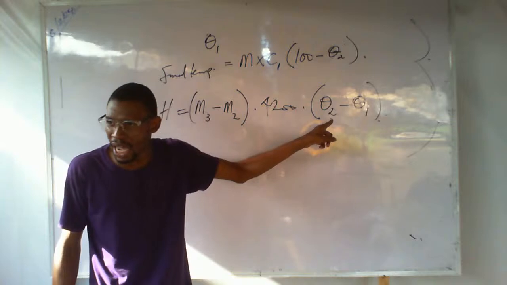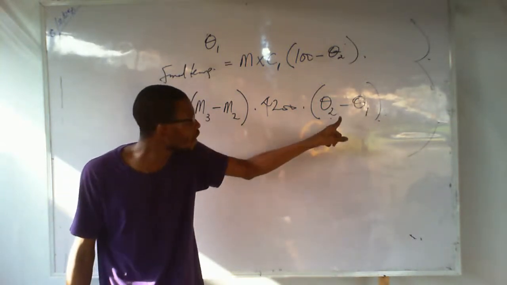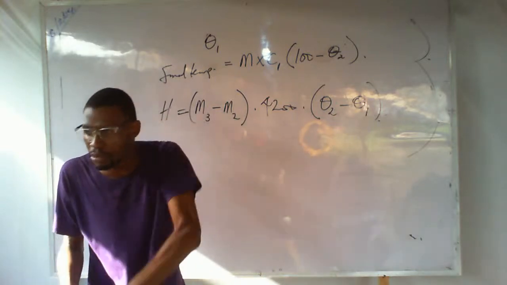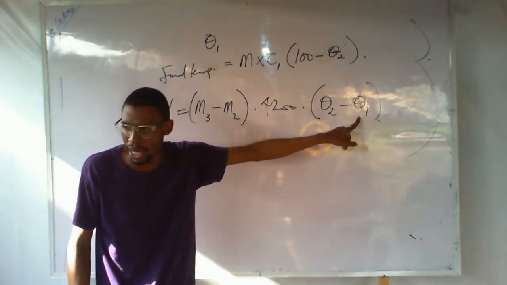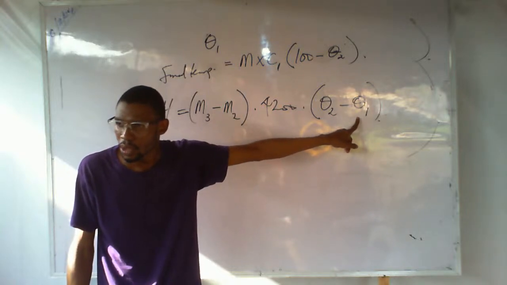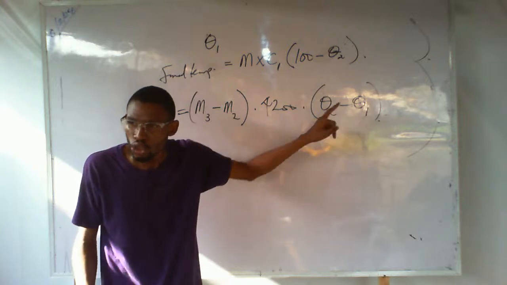So which one is having the final temperature? That's the temperature range between the two of them. Final temperature of the whole content of the mixture. What is theta 1? Initial temperature of what? Do you understand?